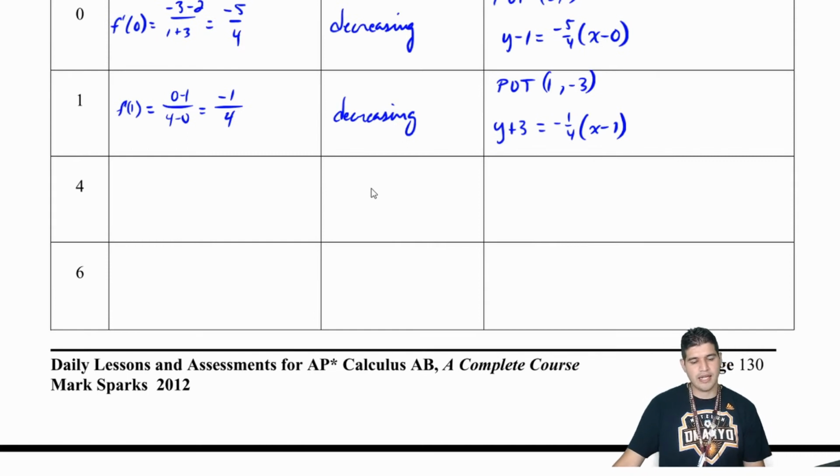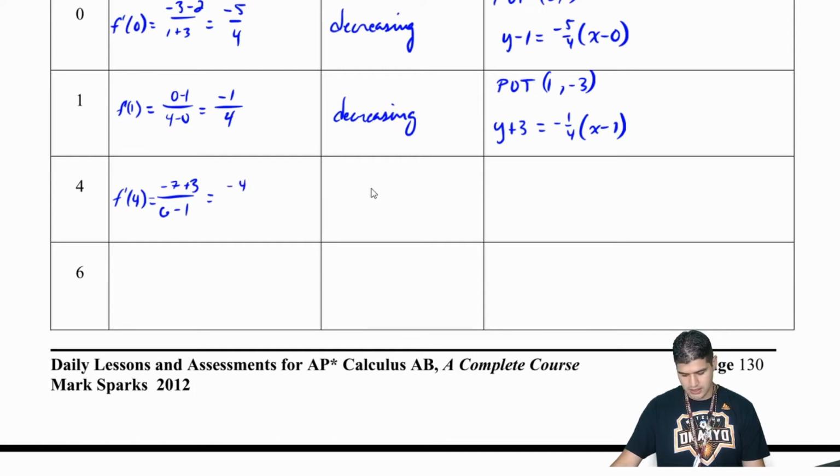So here at x equal to 4, let's find f prime of 4. Well, what are we going to get with that? That's going to be -7 plus 3 over 6 minus 1. So that's going to get me -4 over 5. Since it's negative, my function is going to be decreasing.